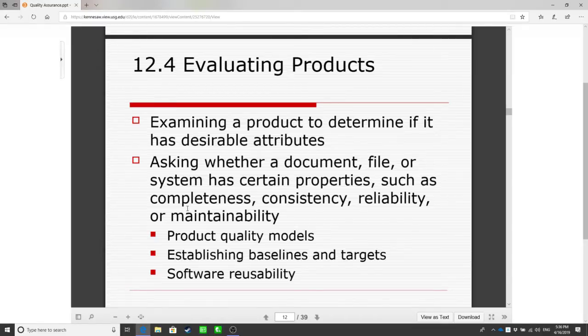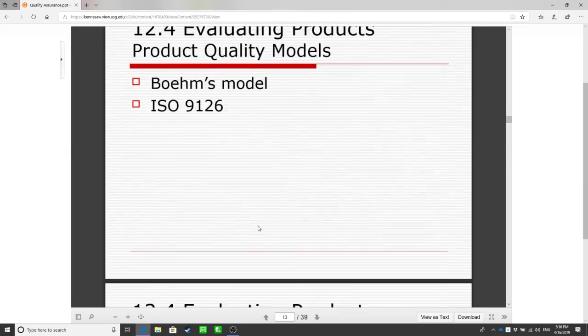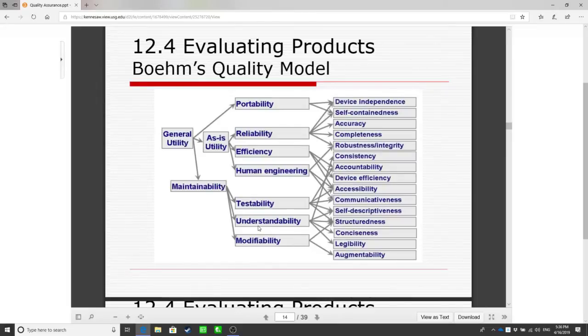We can give some attributes to a product, and those attributes are associated with different types of qualities. For example, here we are measuring this quality with Boehm's quality model.